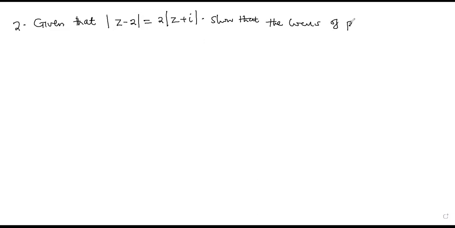Given that the magnitude is equal to 2, z plus i, show that the locus of P is a circle.